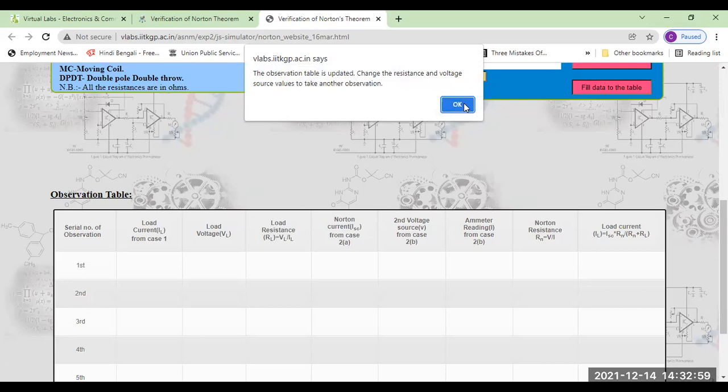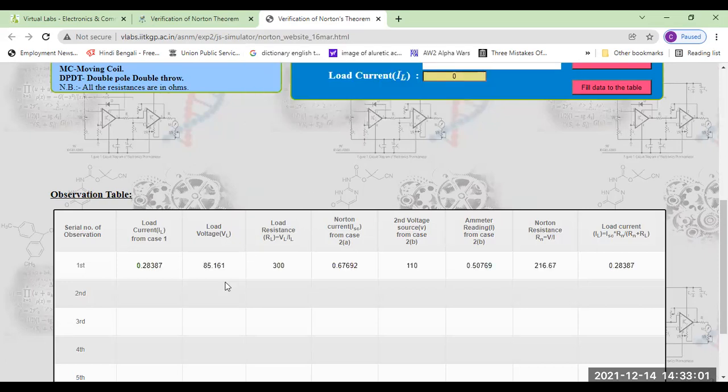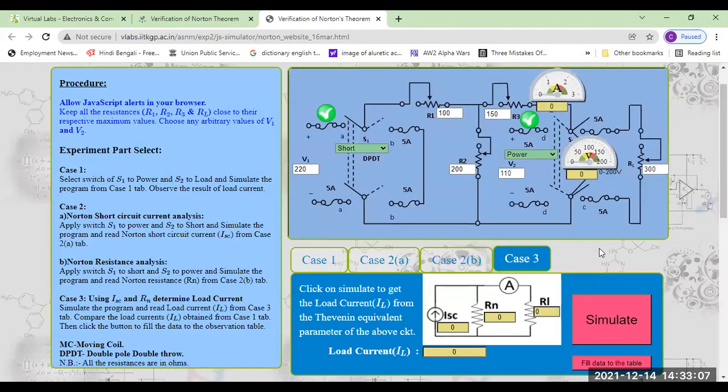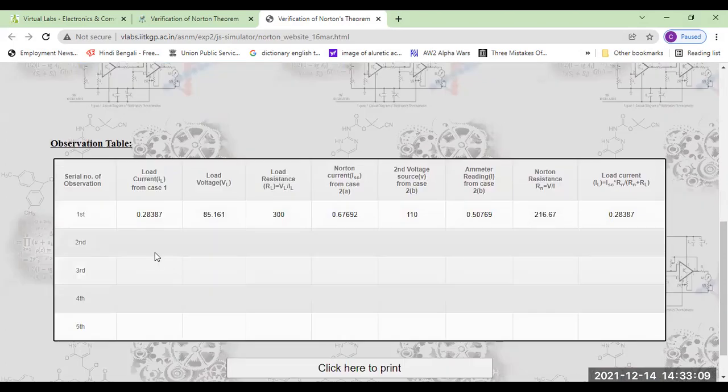Okay, the observation table is updated. Change the resistance. In the first case you got the current flowing as 0.28387, and now whenever we apply the Norton theorem, we also get 0.28387.